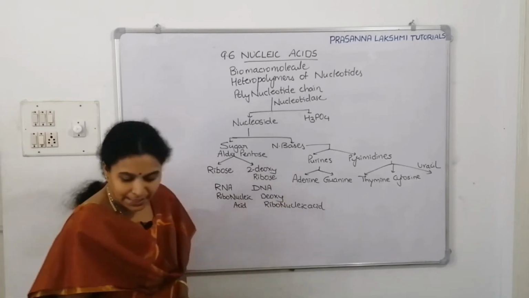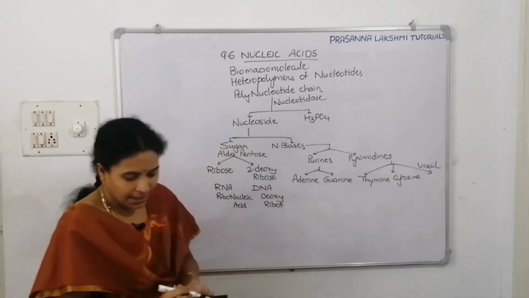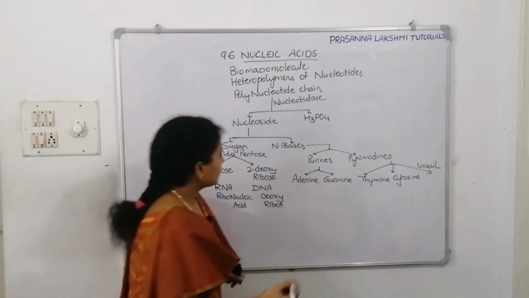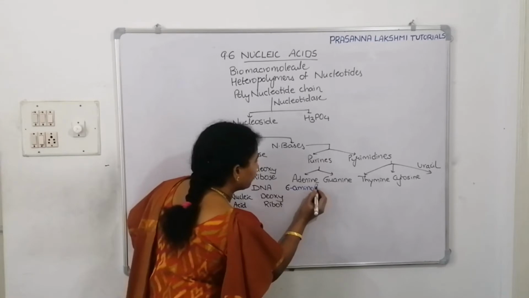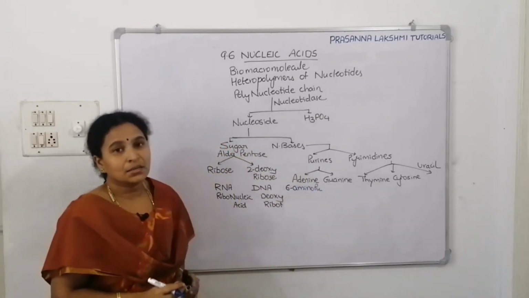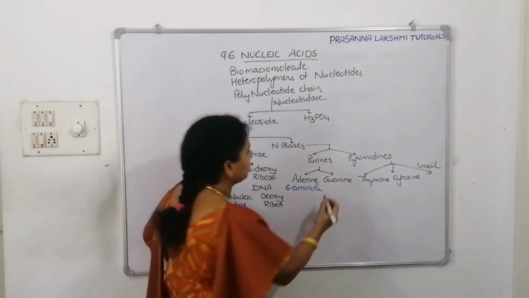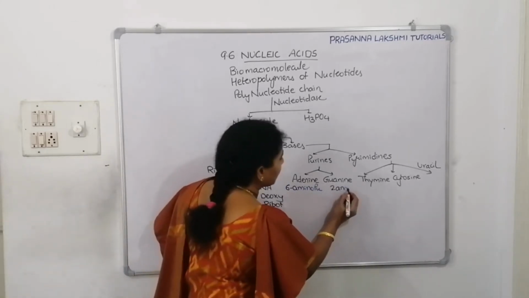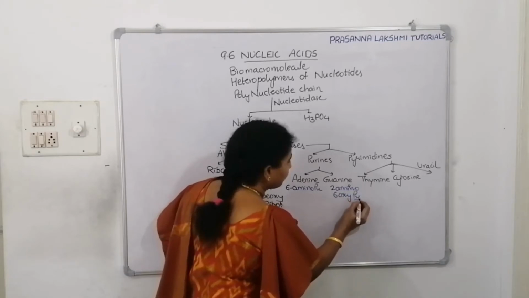So, what is the chemical name of adenine? Adenine is called 6-aminopurine. Guanine is called 2-amino-6-oxypurine.